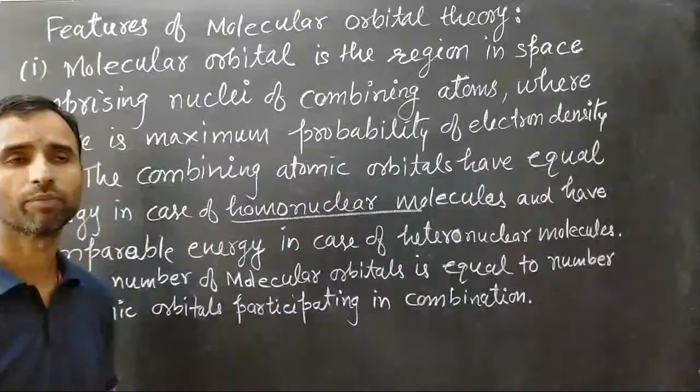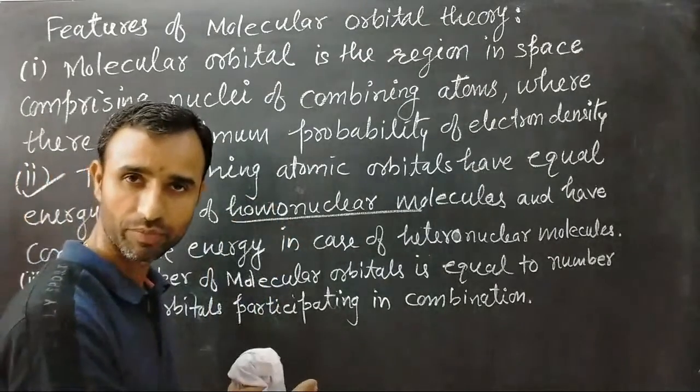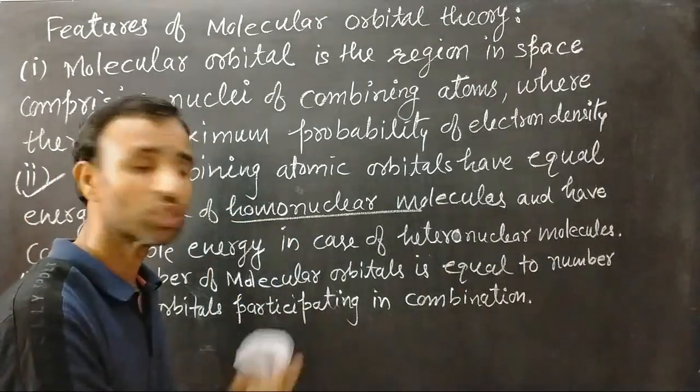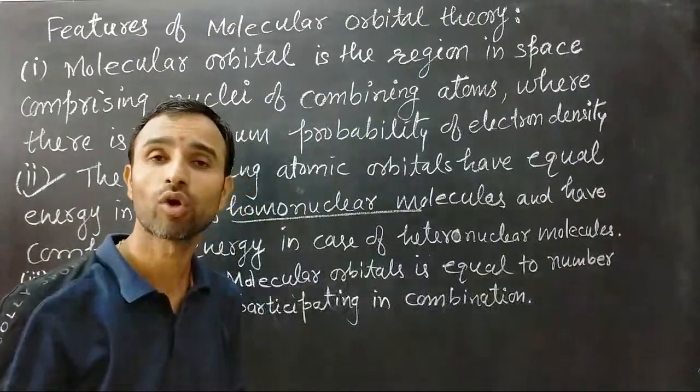Like say if we have 3 atomic orbitals of one atom and 3 atomic orbitals of the second atom, so how many molecular orbitals are formed?